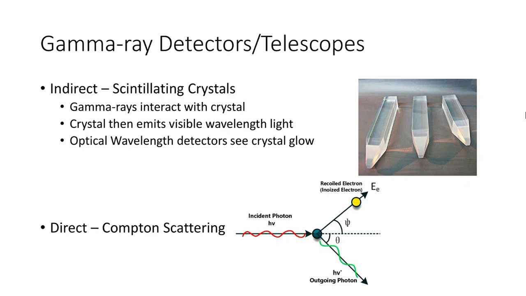The other way we can look for gamma rays is by Compton scattering. If we have an atom that's hit with a gamma ray photon, and that photon happened to hit one of the electrons orbiting that atom, it will knock the electron out of the orbit around the atom, and then we can try to measure this signal of the electron moving, which generates a current.